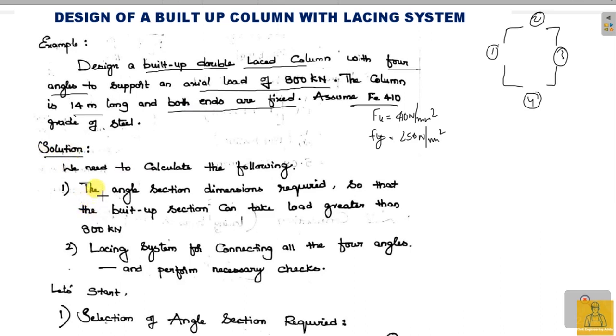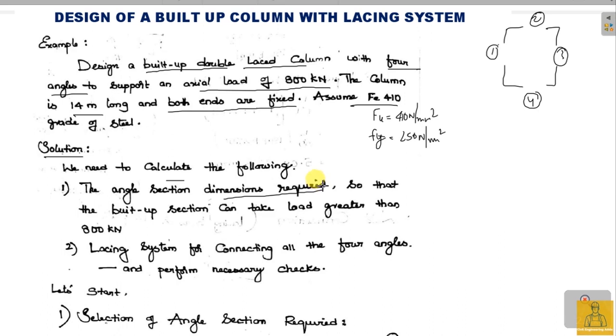In this design, we have to go through 3 things. First thing you need to calculate is the angle section dimensions required. He asked you to use 4 angle sections to make this built-up section. So now you need to find out what should be the angle section, what should be the length of both legs.